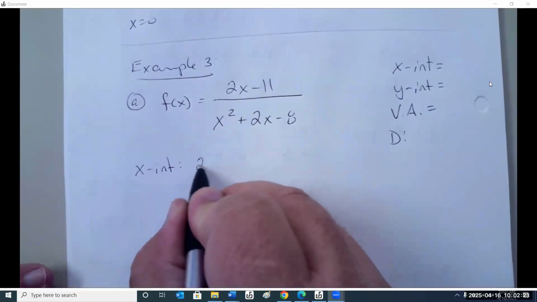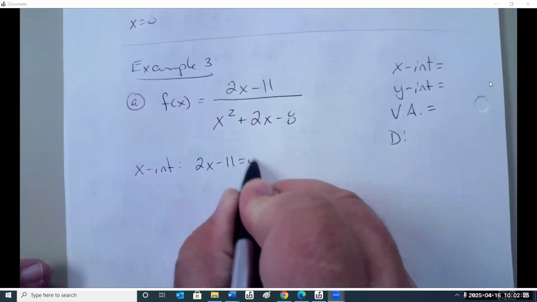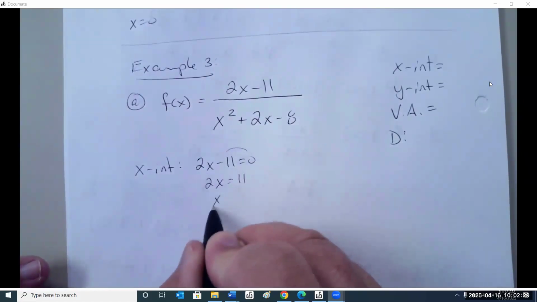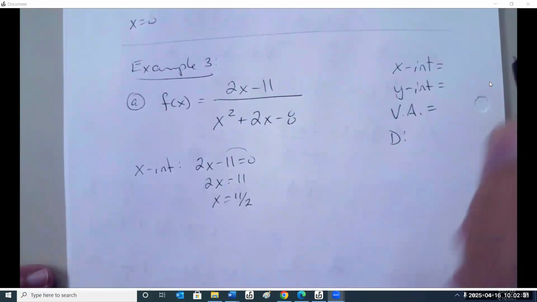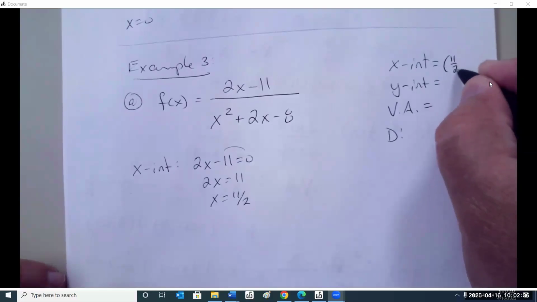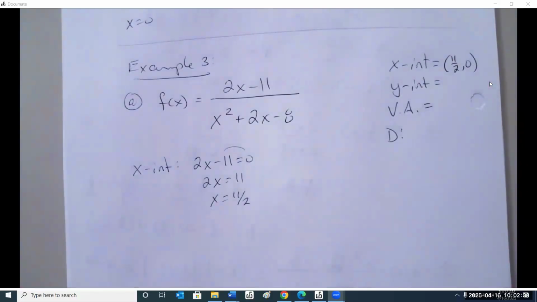Yeah, so take the top, set it equal to 0. Move that over. Yep, x equals 11 over 2. That's my x-intercept. It's at the point 11 over 2, comma 0. What's the y-intercept?